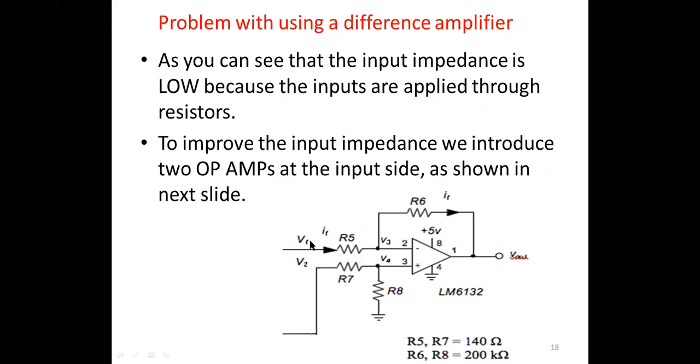The V1 source would see this input impedance, and the V2 will see this resistance. So if these resistors are of low values, then the input impedance or input resistance will be low for the circuit. But for instrumentation amplifier, in order to avoid the loading, this instrumentation signal conditioning block would be interfaced with the sensor.